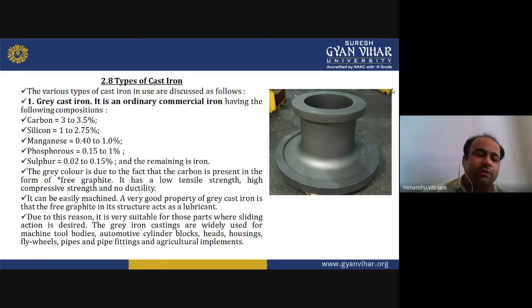Due to this reason it is very suitable for those parts where sliding action is required, because the free graphite in the structure acts as a lubricant.